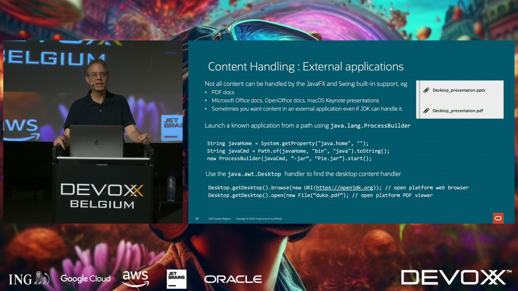For external applications, there are actually three different cases we had to consider. One is the case of a Java application, where it's either an FX or a Swing application. We have the same code for handling this. So if somebody clicks on py.jar or table.jar, we don't care which it is.